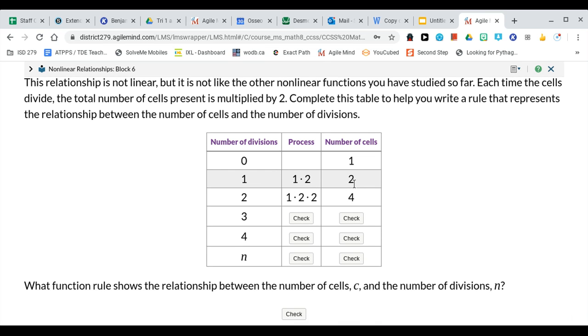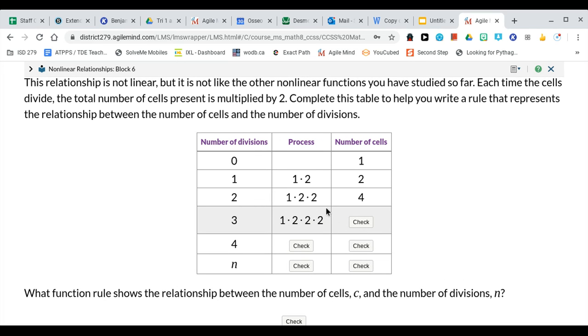so we get 2 cells. Then again, we kept the 1, we kept the first 2, and then we added another 2. We do this because we are now multiplying what we had before by 2. So then the next one would be 1 times 2 times 2 times 2, 3 2's, which would give us 8.